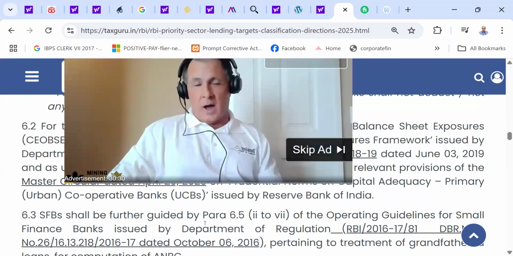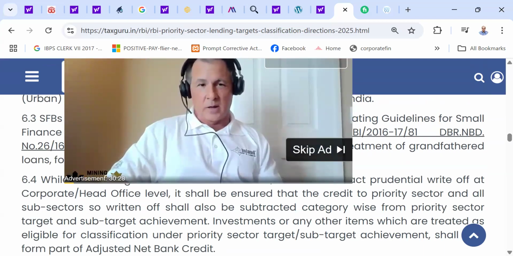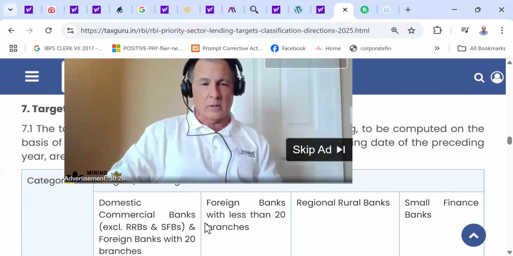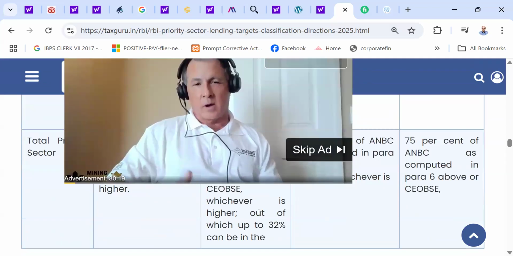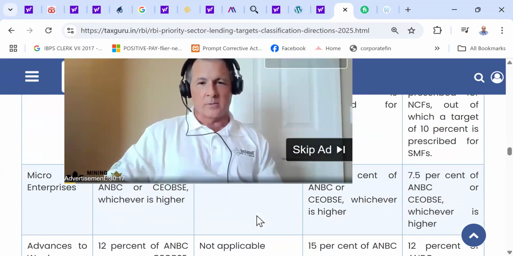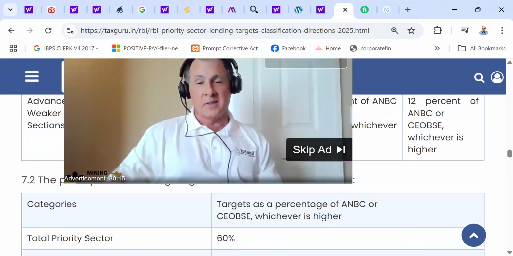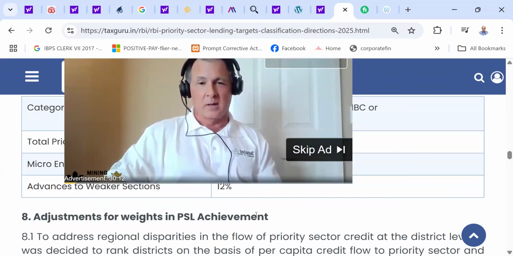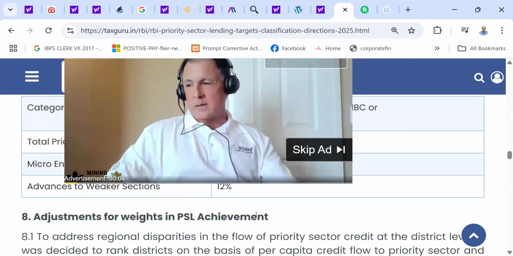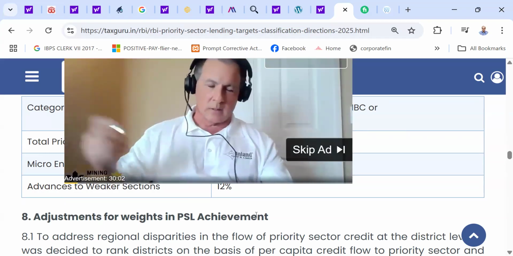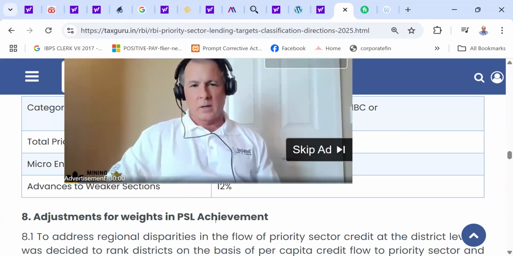So don't unnecessarily worry about it, because if you read more, you will forget more. Now please go through the conditions given here about amounts and all that. But they can ask you about recent changes. For small finance banks, instead of 75%, it is 60%. So that is what it is.